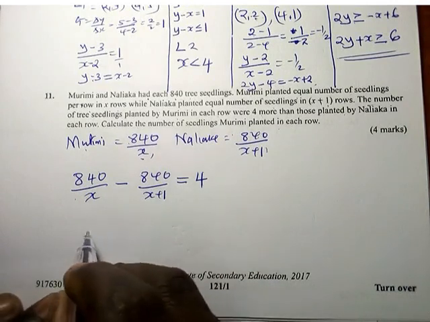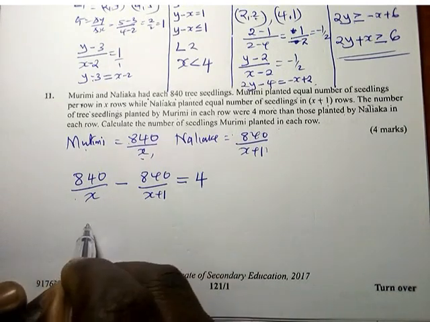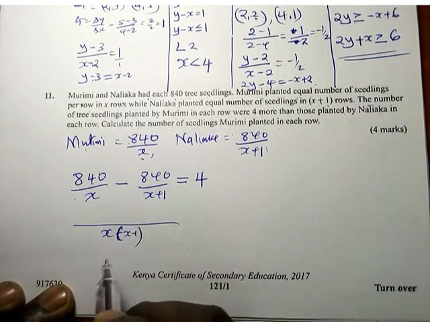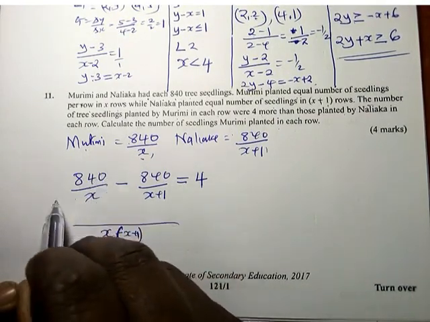By so doing, now we have the LCM. The LCM is x into x plus 1. We multiply each term by the LCM.